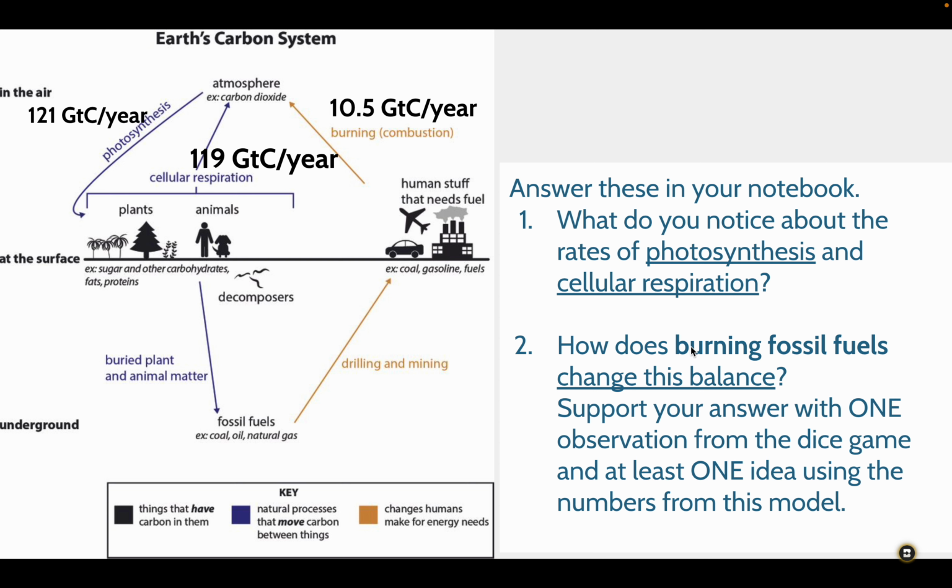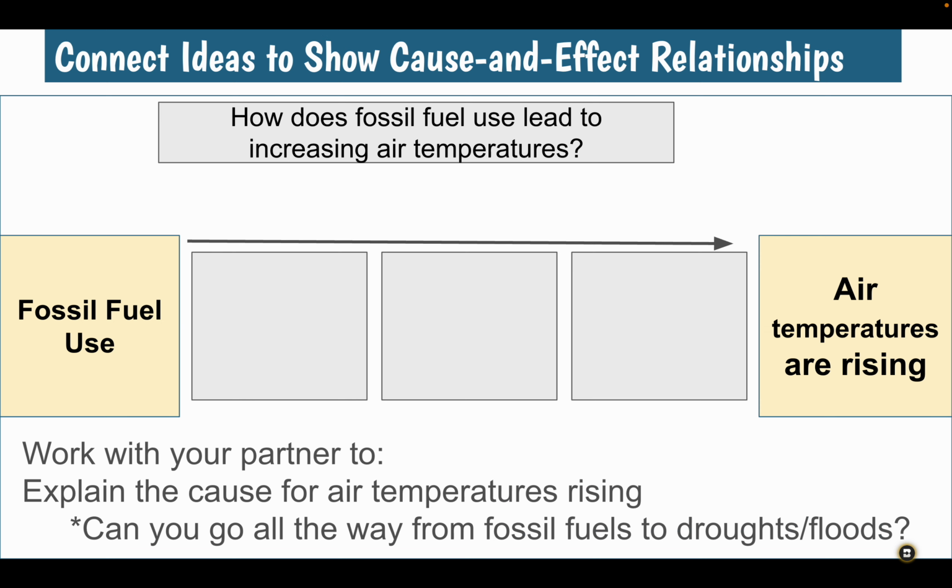Question number 2, how does burning fossil fuels change the balance? Take a look at that 10.5 and really think about how we saw this in the dice game, and then try to use the numbers to figure out how burning fossil fuels changes the balance. And you can go ahead and answer the question again right on your little half sheet.